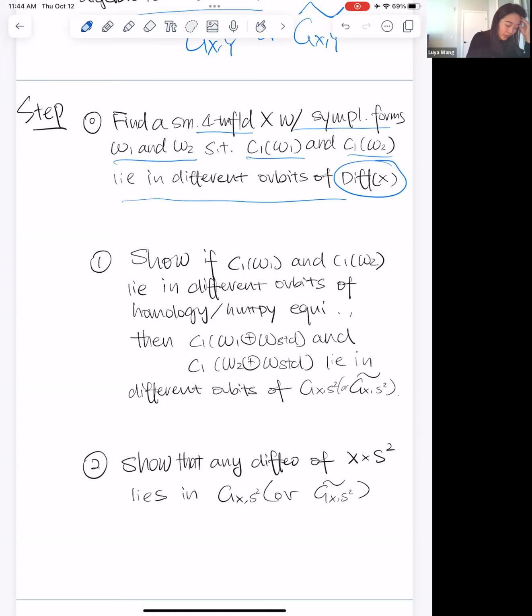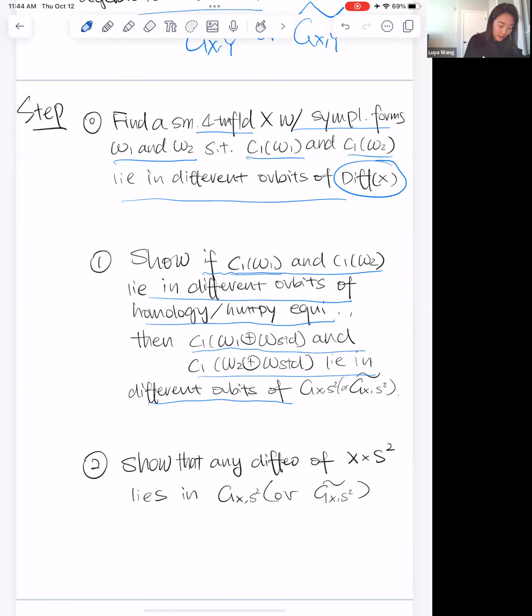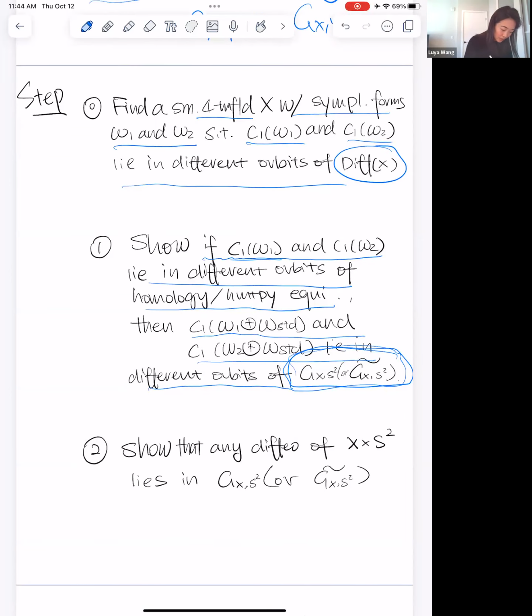Then we show that if C1 of the four-manifolds lie in different orbits of homology or homotopy equivalences, then C1 of the stabilized six-manifolds also lie in different orbits of these H groups that we just defined. And then lastly, we want to show that any diffeos of our specific examples, X cross S2, lie in these H groups.